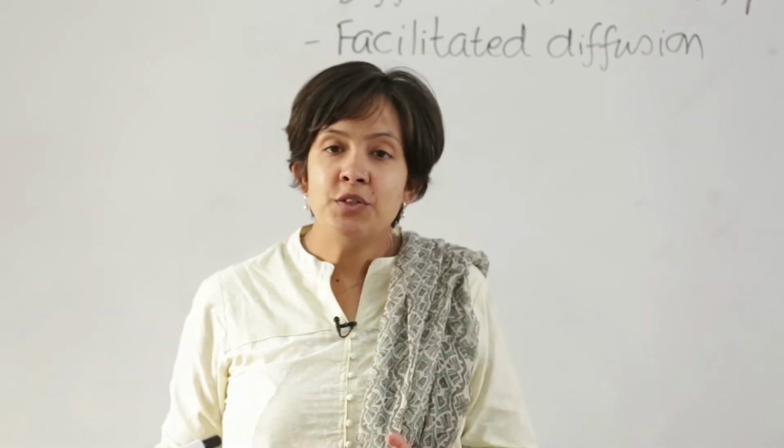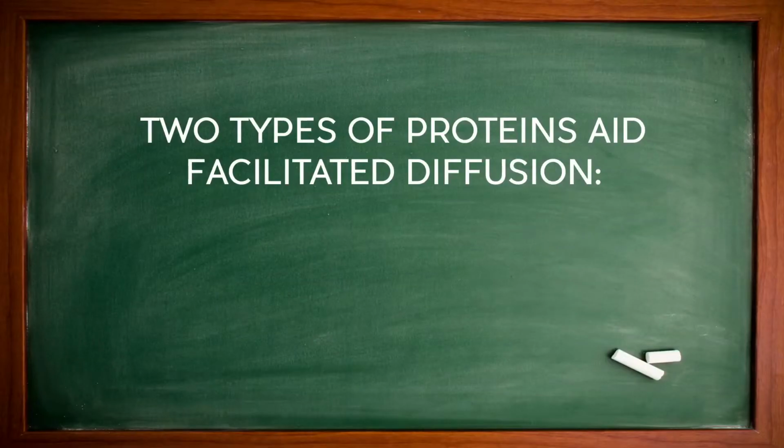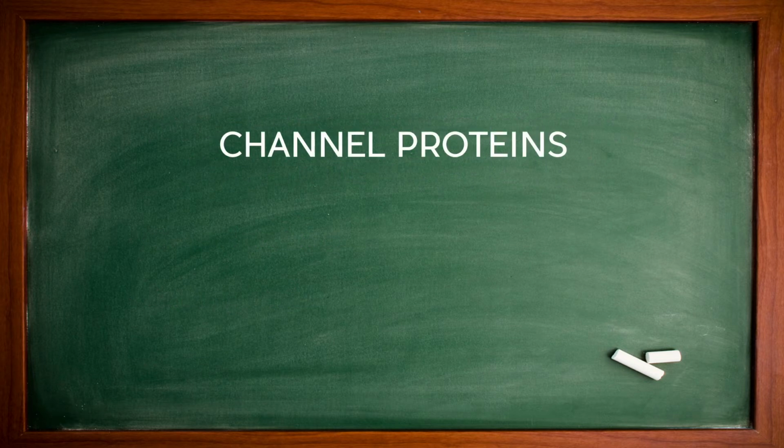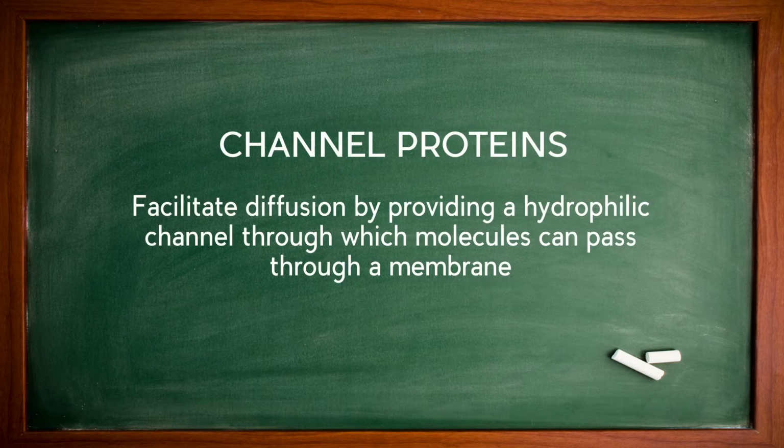In facilitated diffusion, we have two kinds of proteins that we see at work, and the first protein that we'll talk about is called a channel protein. How a channel protein works is it provides a channel, a hydrophilic channel, through which particles can pass.